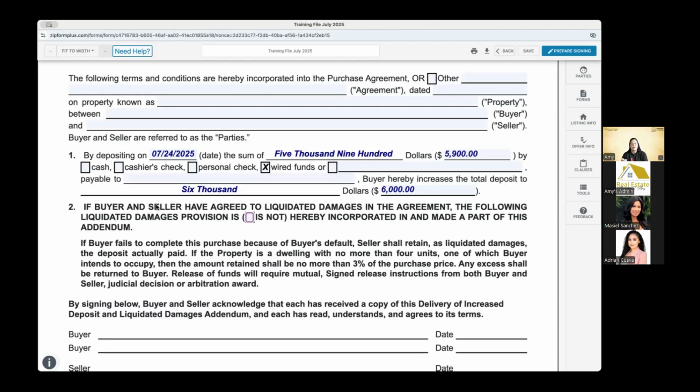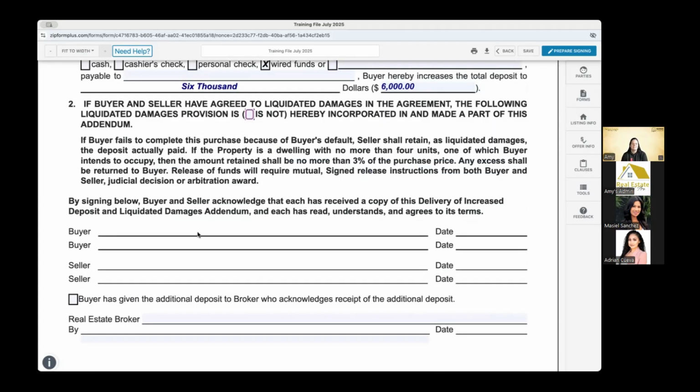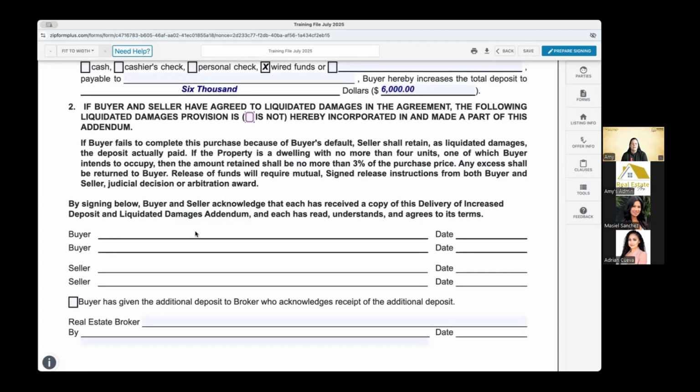Release of funds will require mutual signed release instructions from both buyer and seller, judicial decision, or arbitration award. By signing below, buyer and seller acknowledge that each has received a copy of this delivery of increased deposit and liquidated damages addendum. Each has read, understands, and agrees to its terms, and then we're going to sign it there.